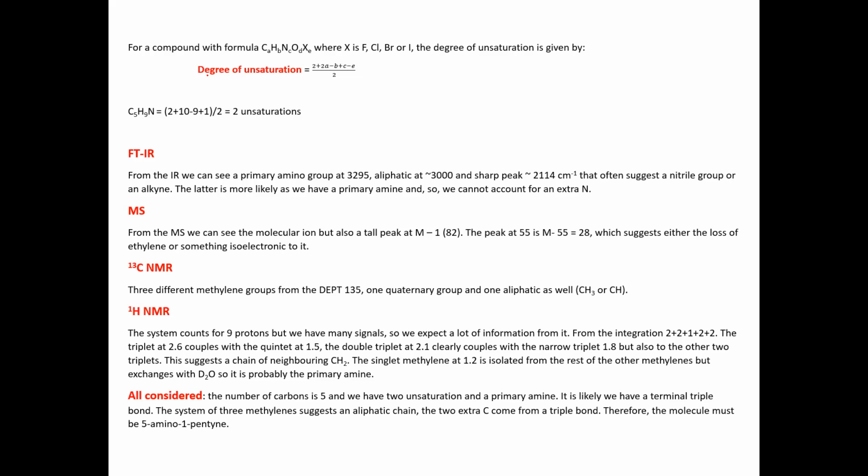The 2 unsaturations, if you decided it was an alkyne, if you practice a little bit and you do a few of these exercises with alkynes, there are not many things that go in that region. Another one that would have been a nitrile group, a C triple bond N, but it's normally a little higher.